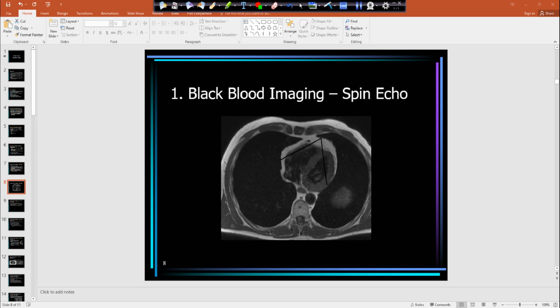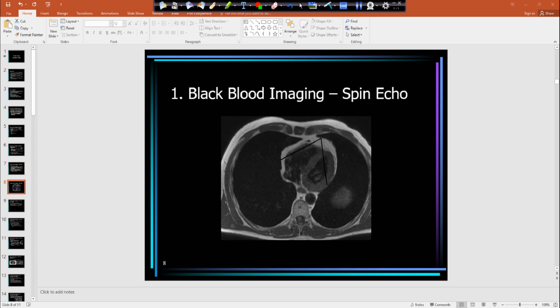What are these muscles back here? The pecs are in the front. Erector spinae muscles. Latissimus dorsi here on the side.